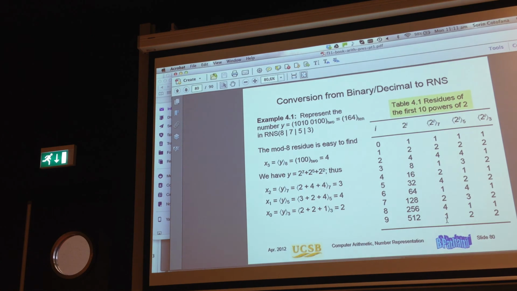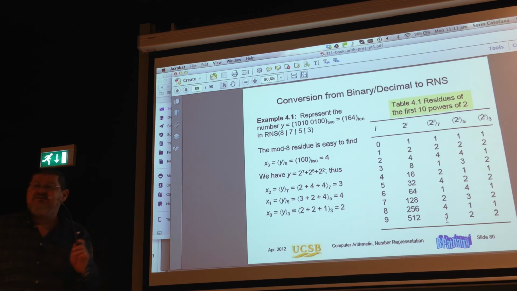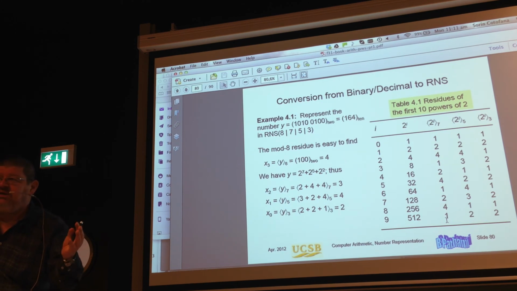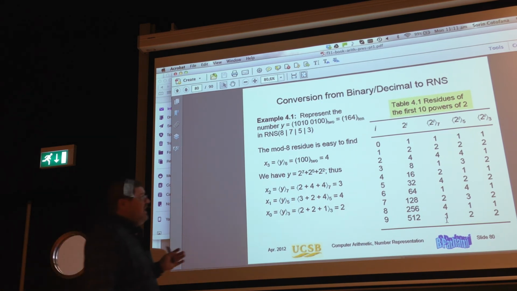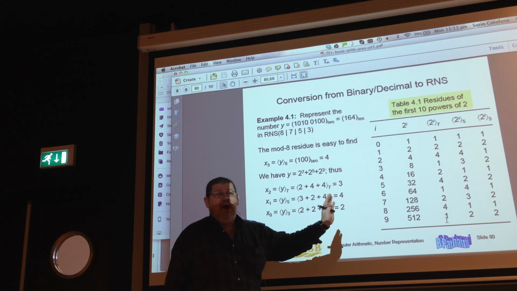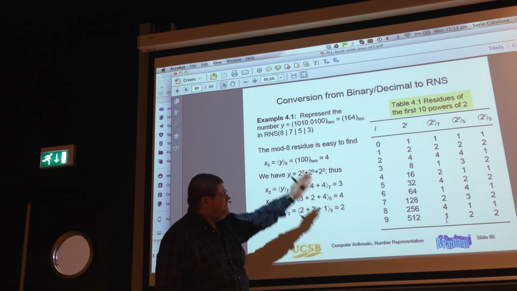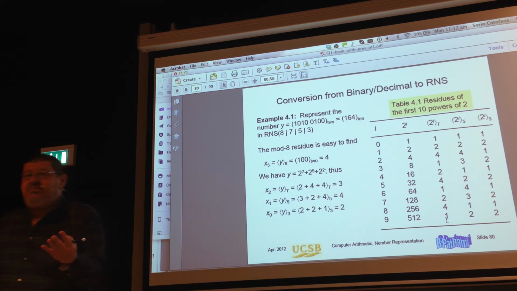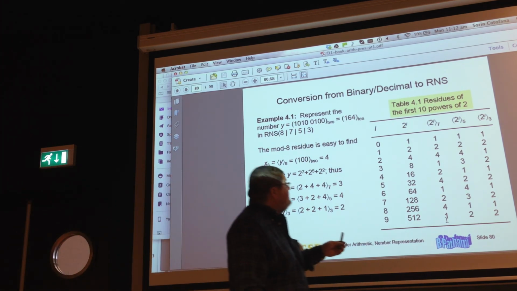Now, let us look at the investment. Investment is not as difficult as it may look. Why is that? Because things are well known at design time. At design time, I determine the moduli, I know exactly what I'm doing. Then I can make a table, and in that table, I compute the remainders of dividing powers of 2, all the powers of 2 that are of interest for me, by the moduli in my system.